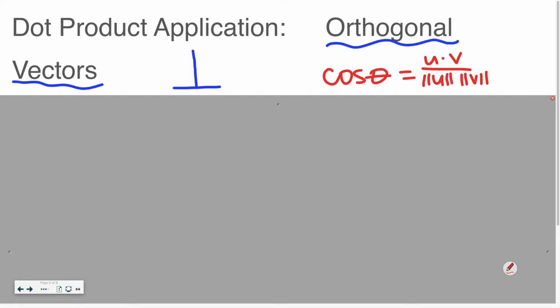What is the cosine of 90 degrees? 0. So let's think about this formula. If the cosine of theta equals 0, that would imply theta is 90 degrees, correct? Well, if this fraction was 0, what specifically about the fraction would need to be 0?